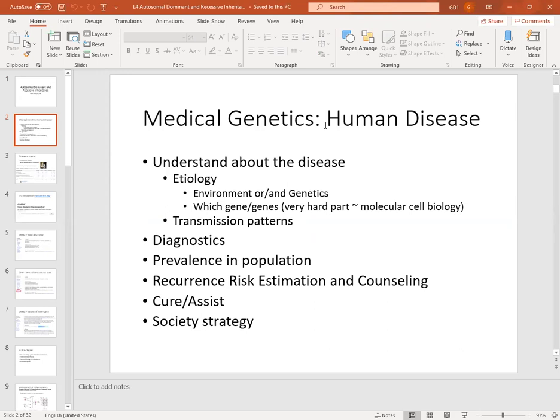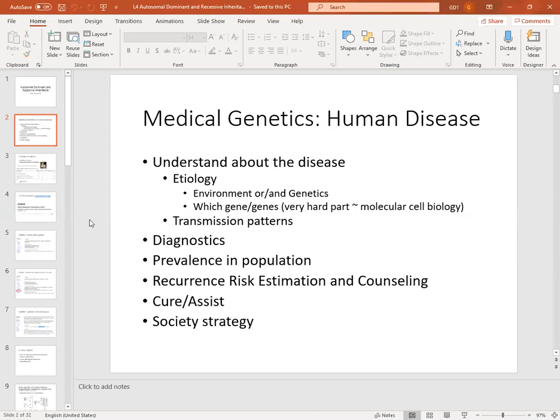But we can use that information to apply to another species to improve our economy, our agriculture, and other things. So not only focus on human, we can apply it for another species for another specific purpose.